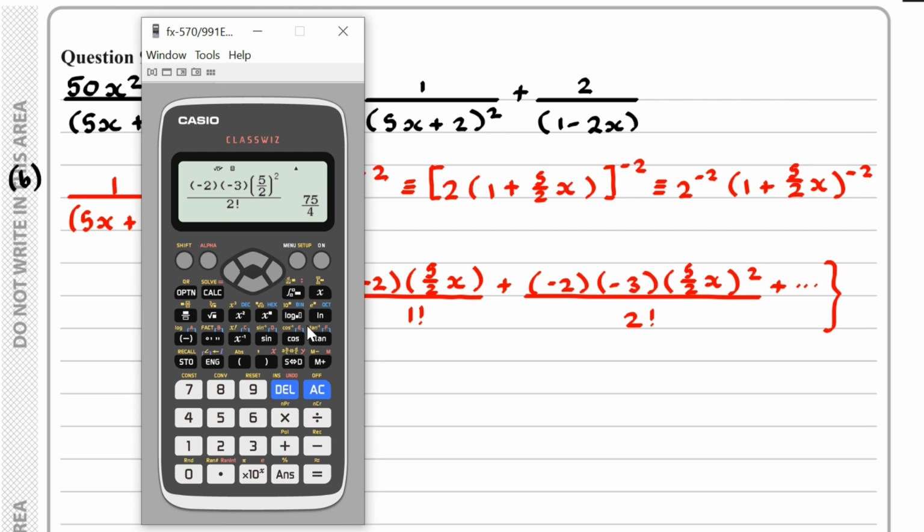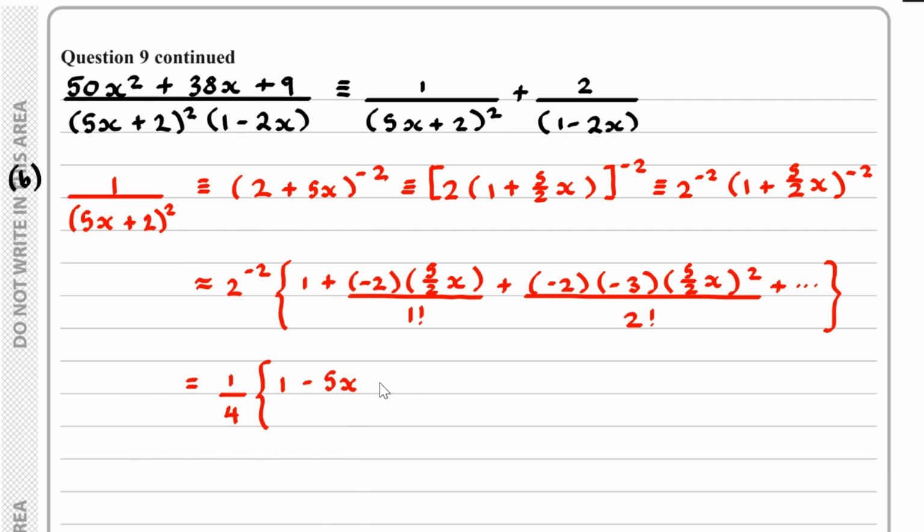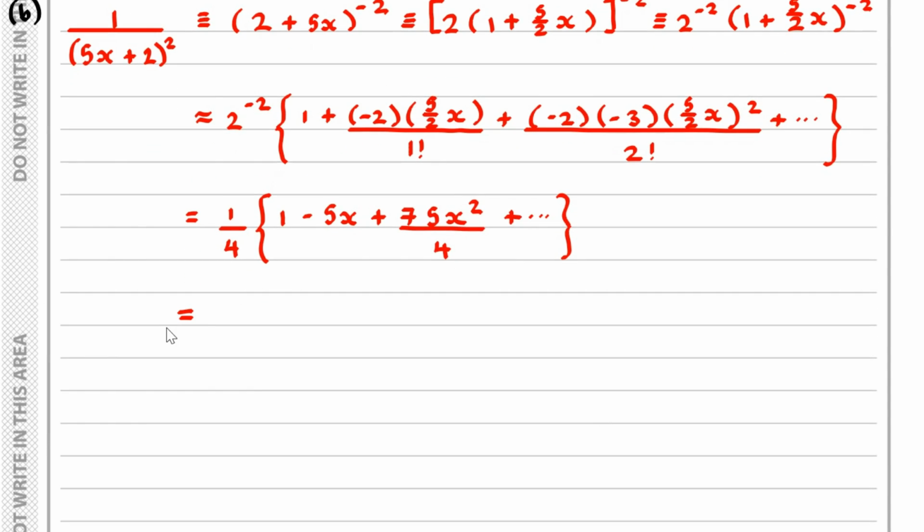It turns out here we get 75 over 4 x squared. And then we could continue on. And if I expand and simplify this even further, we've got 1 over 4 minus 5x over 4 plus 75 x squared over 16. We also have higher order terms.